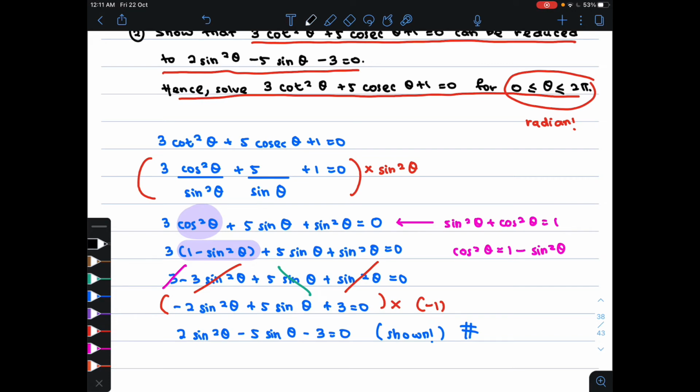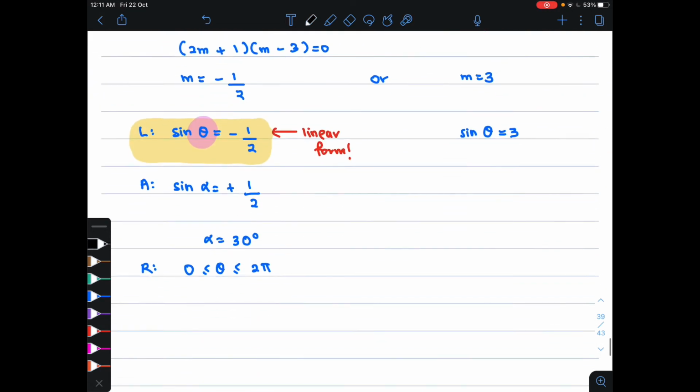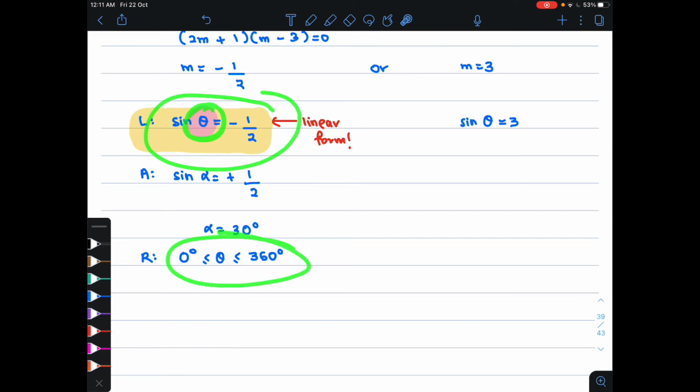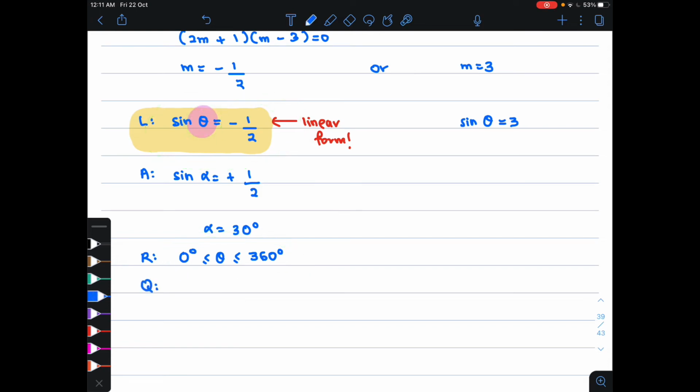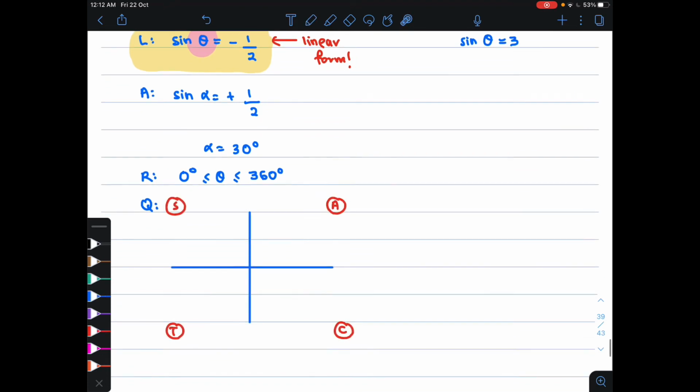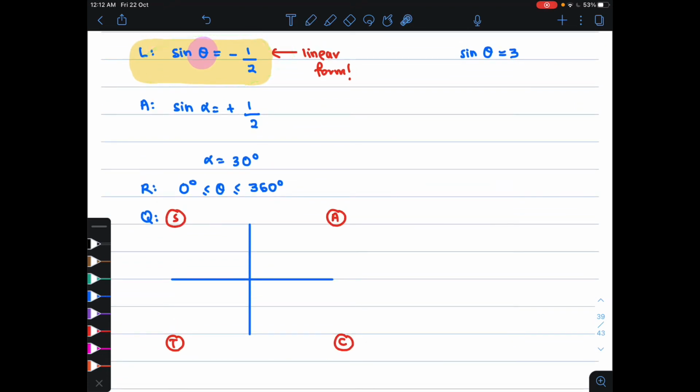Sorry, forgot about the equal sign here. So theta is between or equal to 0 and 2 pi. Using the linear form, we only need theta. And this is already the range of theta. So we'll continue with the quadrant. By looking at the linear form, you can see that sine is negative. Therefore, it should be in the third and the fourth quadrant.